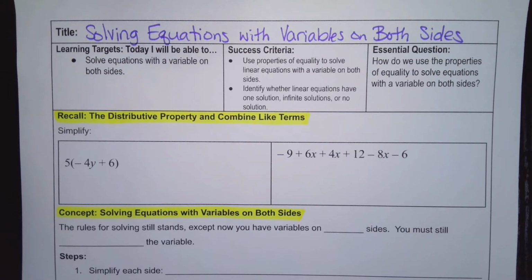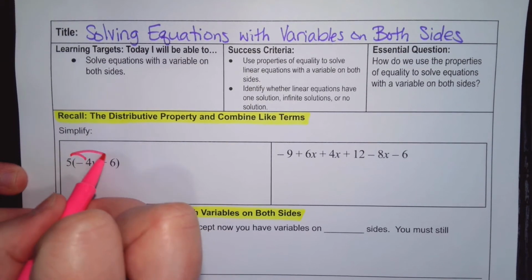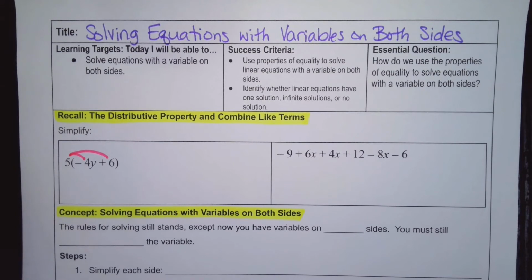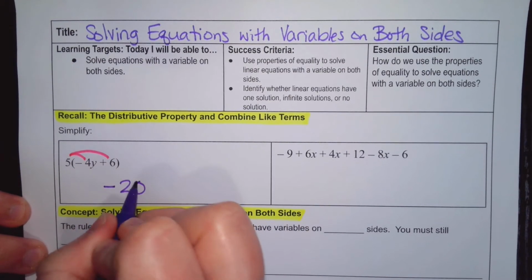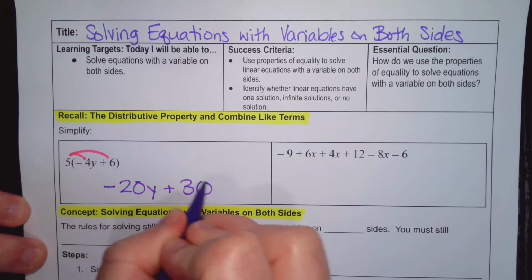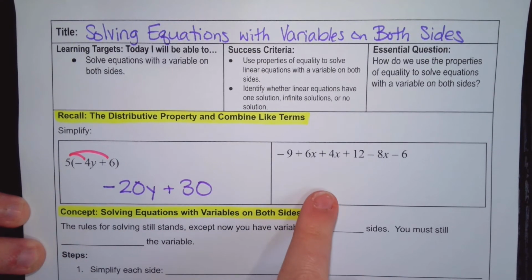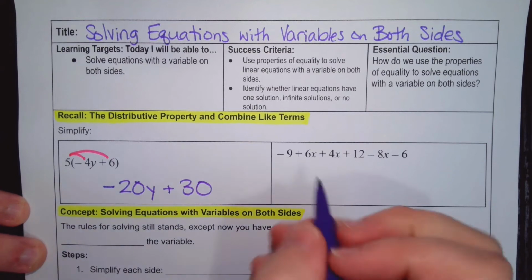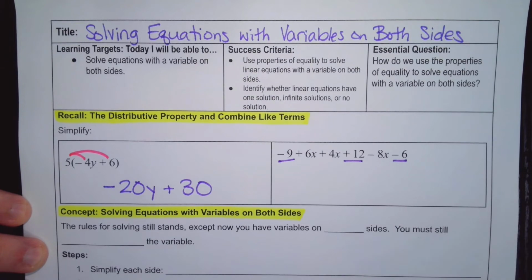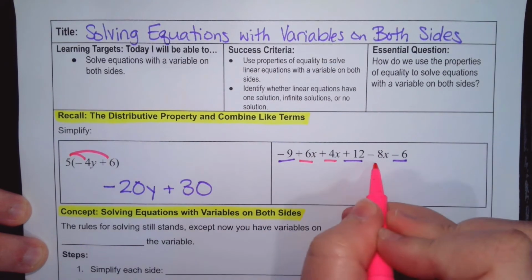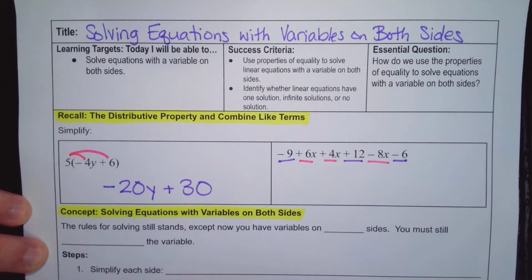So the first thing we're going to do is review the distributive property and combining like terms. Remember, with the distributive property, we multiply from the outside to the inside. So if we multiply the 5 to the inside, we're going to end up with negative 20y plus 30. Now for combining like terms, remember, we just pair up our like terms and then simplify them.